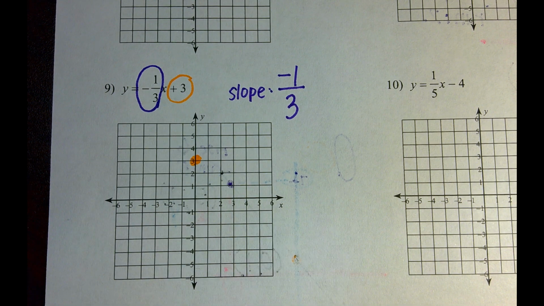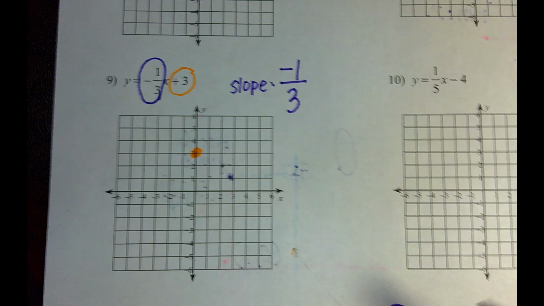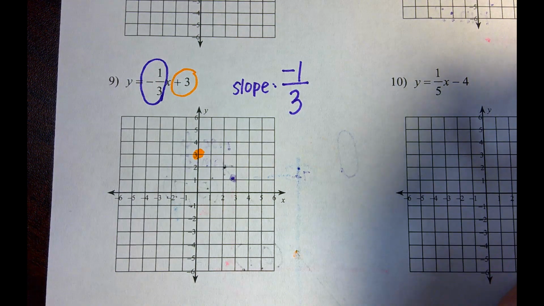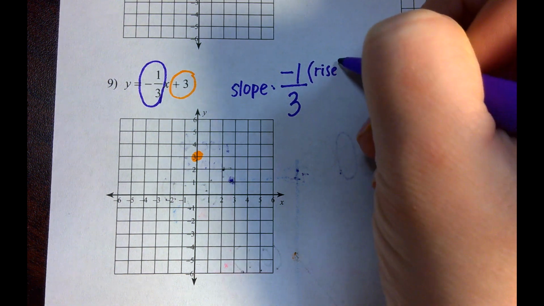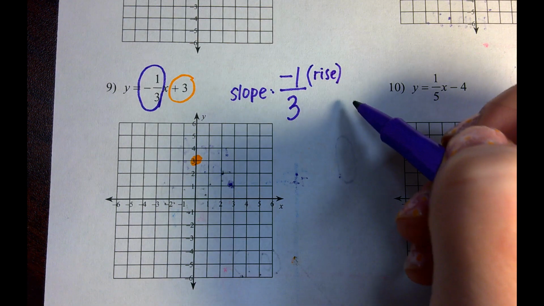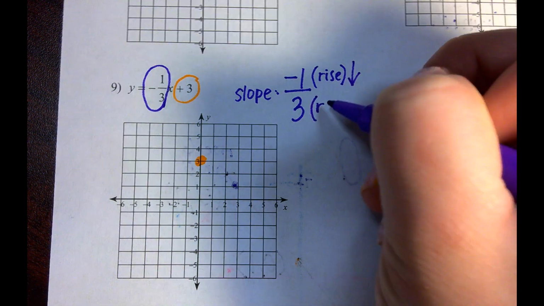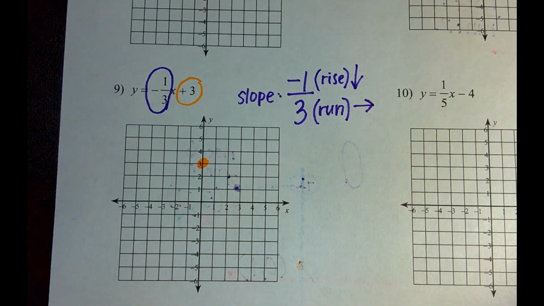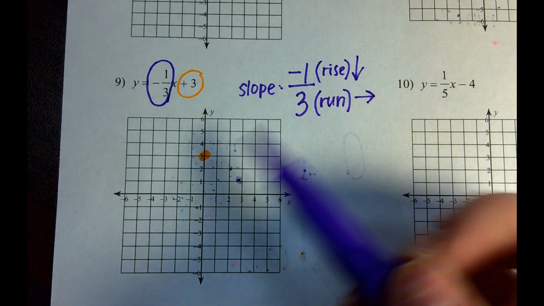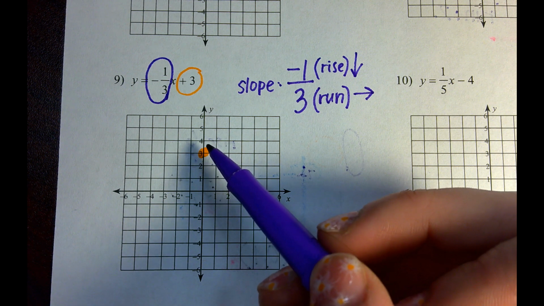And I think it'll make even more sense when we see how it looks as a line. So, if my slope is negative 1 over 3, what is my rise and what is my run? Your rise is negative 1. Good. So if my rise is a negative number, do I go up or down? Down. And that means my run has to be 3. And that's always to the right. So, starting from 3 on the y-axis, from my first point, I'll use my rise first.